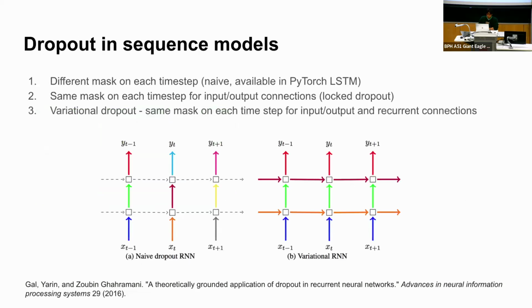We can also see that a small dropout in the sequence models can help with overfitting, and the basic generalization technique of using dropout can be really effective in our RNNs. Just to discuss a few different types: naive dropout, locked dropout, or variational dropout.